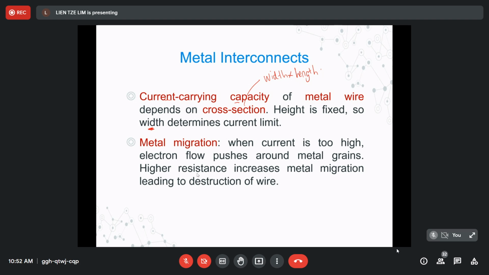If the current is too high, it will cause the destruction of the wire. Why? Because the higher resistance will increase the metal migration. So this is the limit of the metal interconnects. We call it metal migration.